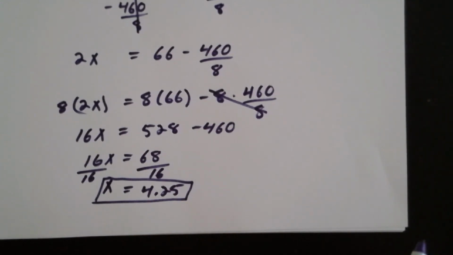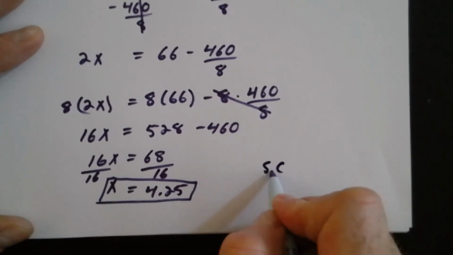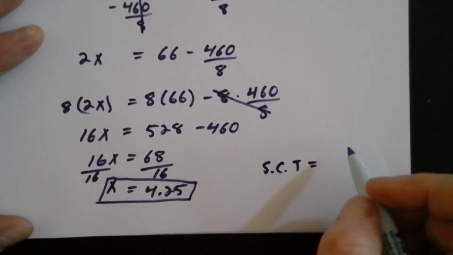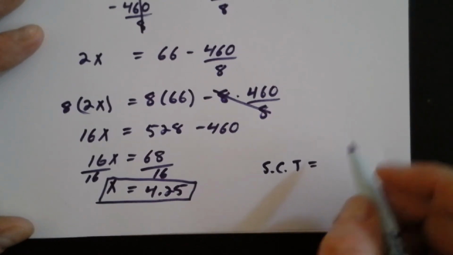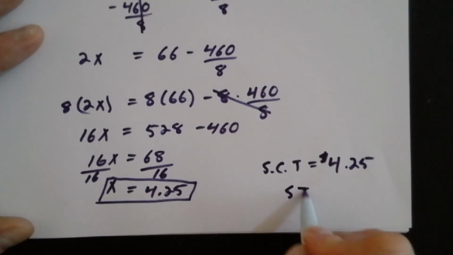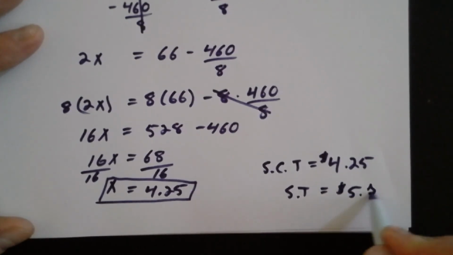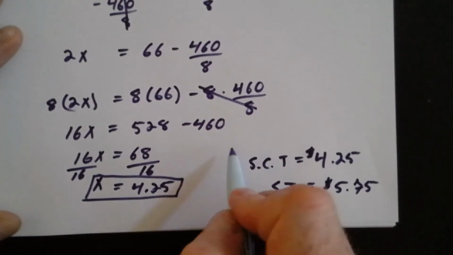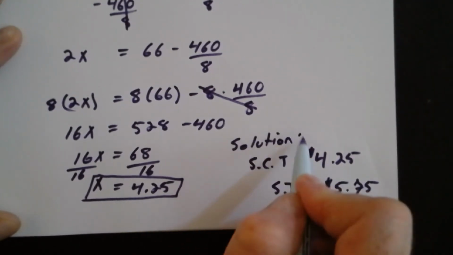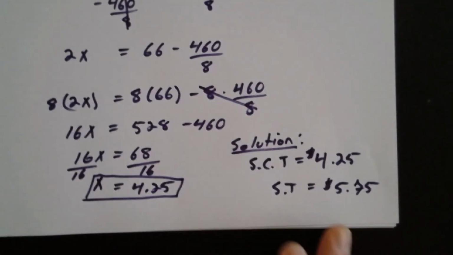And our X's represented the senior citizens, and those are $4.25 a piece. So senior citizen tickets are equal to $4.25, and student tickets are equal to $5.75.